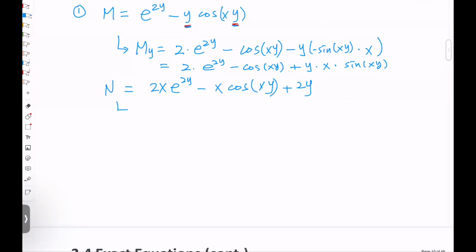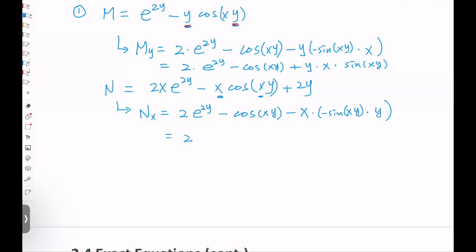So that is 2 times e to the 2y minus cosine xy, and then plus y times x times sine xy. And from here, we need to do Nx. We have only one x, the first term, so we have 2 e to the 2y. And we have 2x's right here. So the first derivative, second one, minus first and second derivative, cosine is going to be negative sine xy, times we have a y.